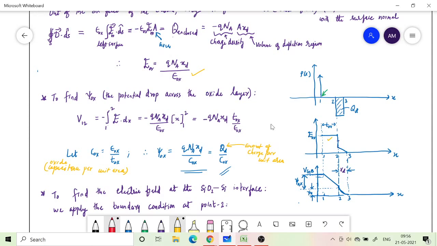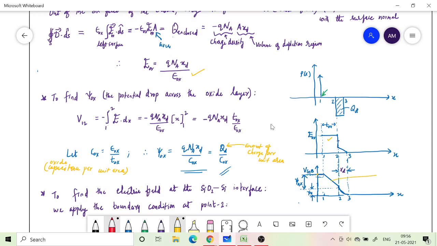Then if you find out the potential, in the gate the potential that we have applied is VGB. So at this point in the metal we have a voltage applied with respect to bulk, that is VGB. That's a battery voltage. But from point 1 to point 2, which is the oxide region, the potential is going to be linearly decreasing.